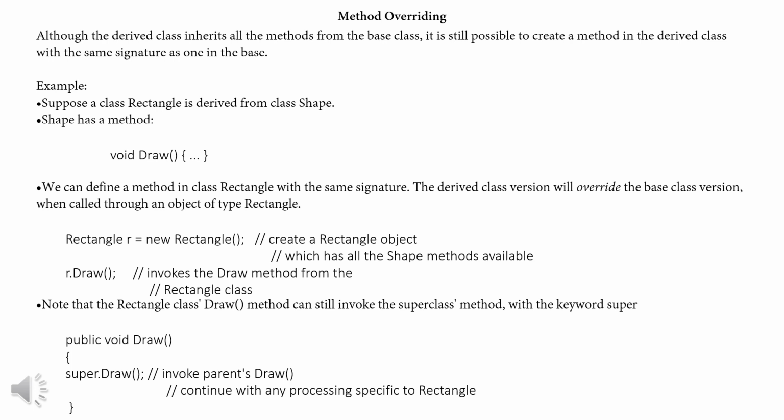So here there is one simple example. We have two classes, shape and rectangle. Rectangle is a class that inherits from shape, right? We have a method, for example, draw inside the shape.